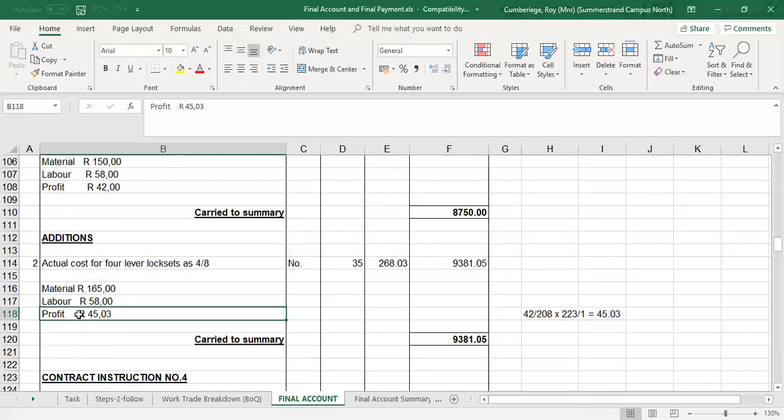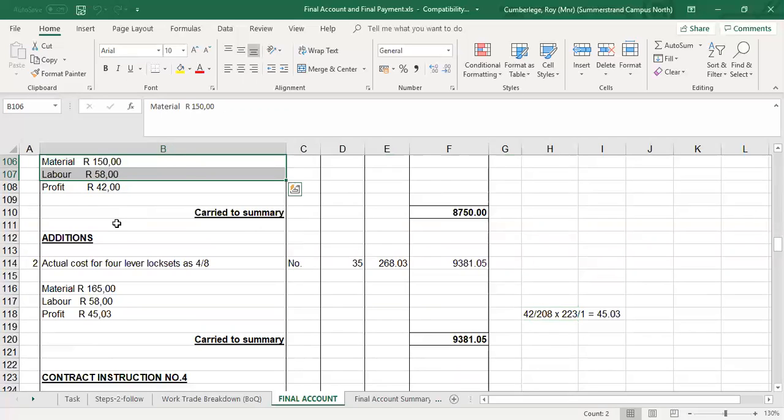The profit, however, is a pro rata adjustment. Again, it's based on what was allowed originally, times the actual cost. Now, if we look at this 45 Rand, where did you get it from? If you look at that calculation, it was originally 42 Rand, based on 208 Rand.